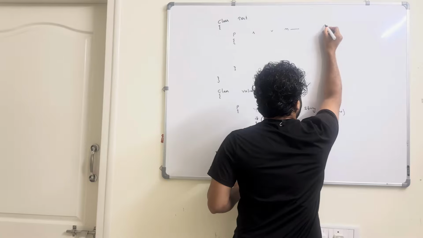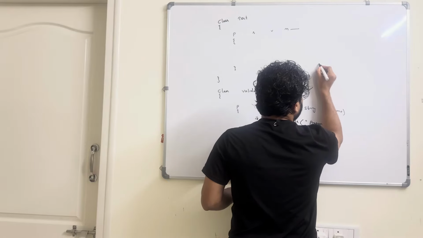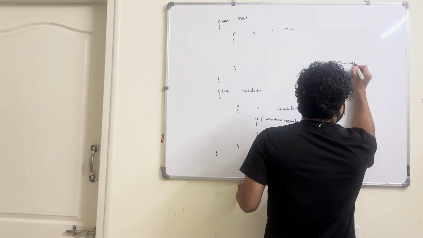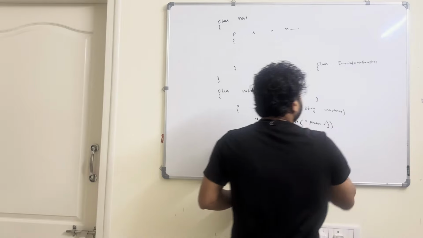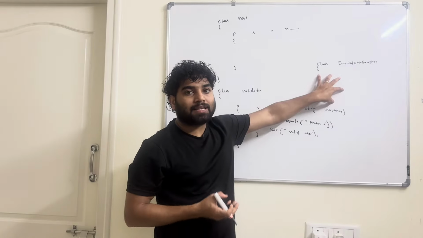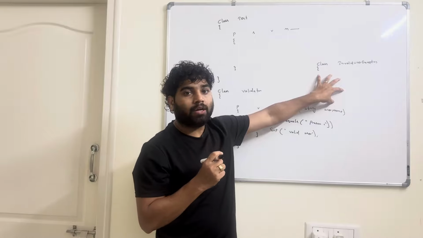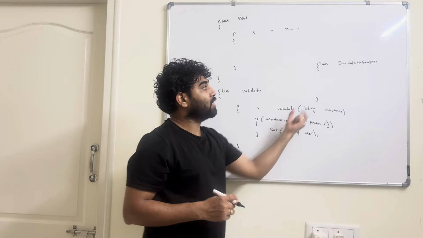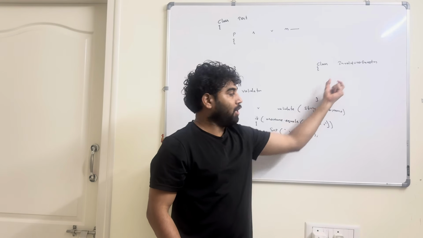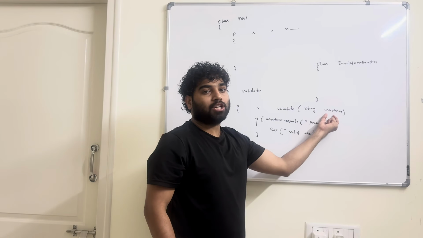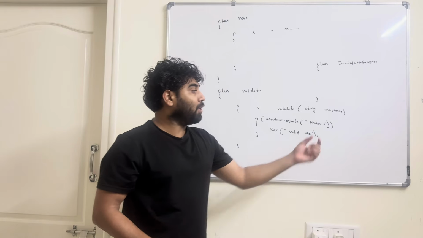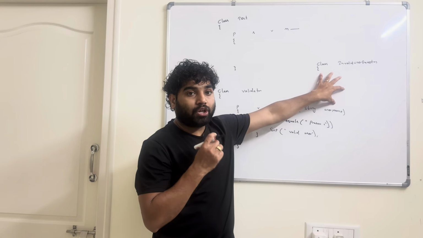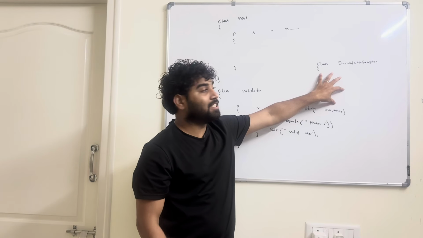How can we define it? class InvalidUserException. This is the exception class I want to create, and I want to throw this custom exception if the respective username is invalid.